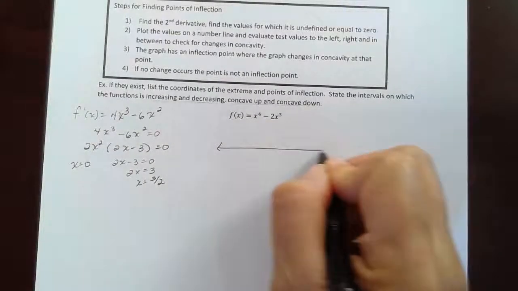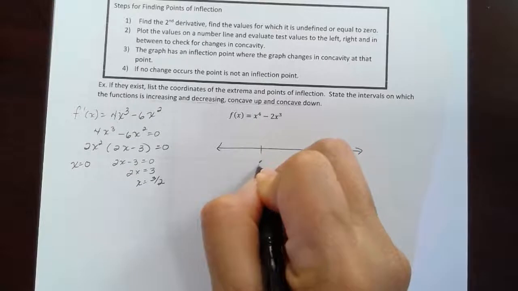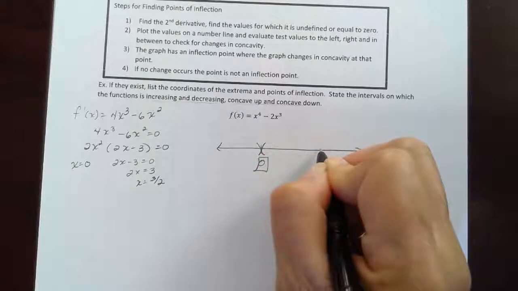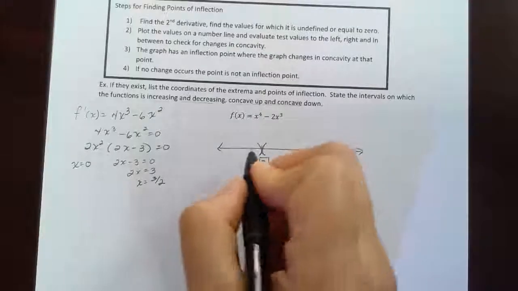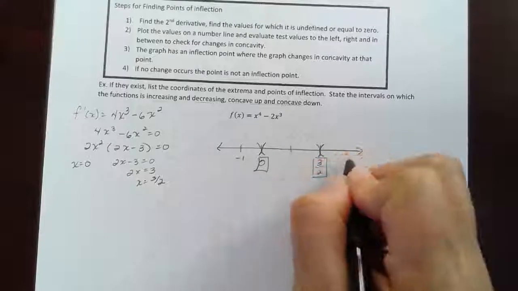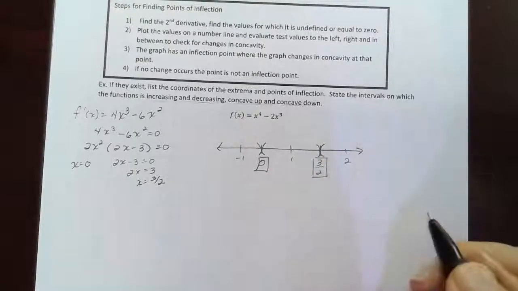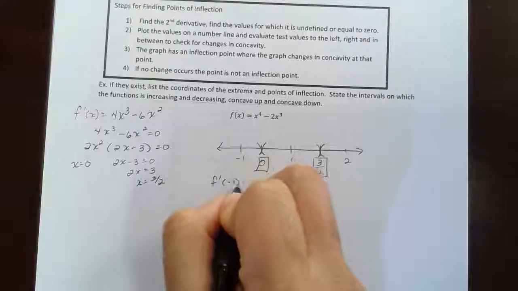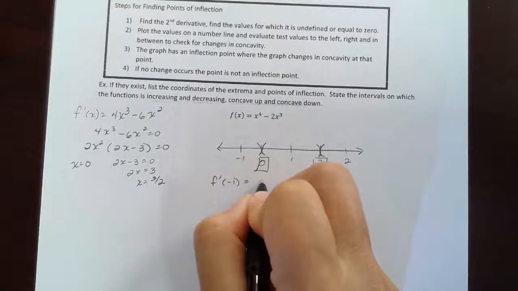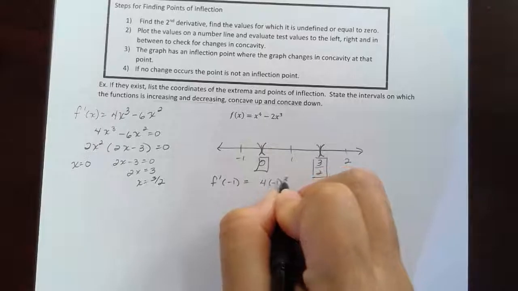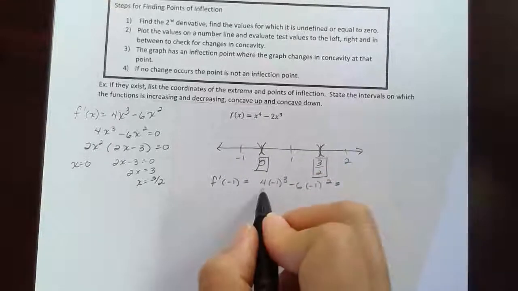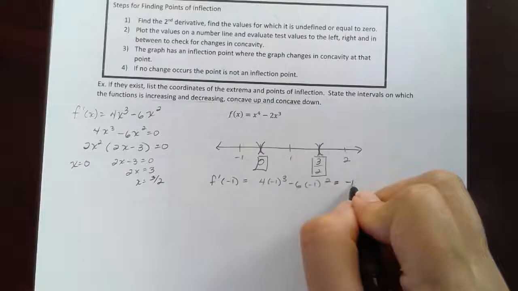Let's build our number line. Okay, we can test negative 1, positive 1, positive 2 in our first derivative to figure out increasing or decreasing. So f prime of negative 1 is going to be 4 times negative 1 cubed minus 6 times negative 1 squared, which is going to be negative 4 minus 6 is negative 10.